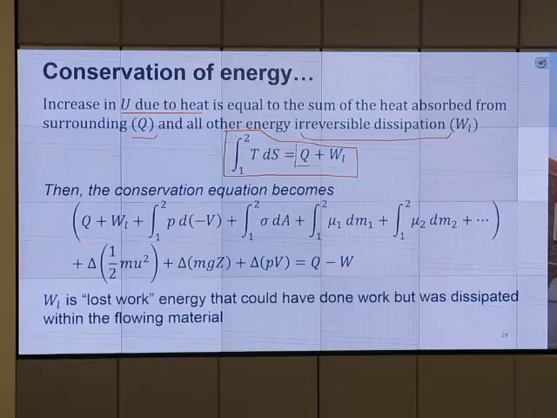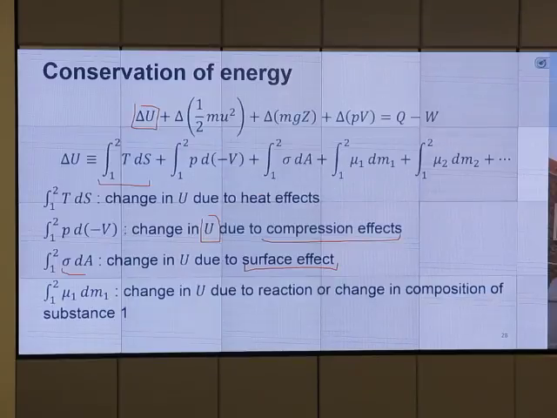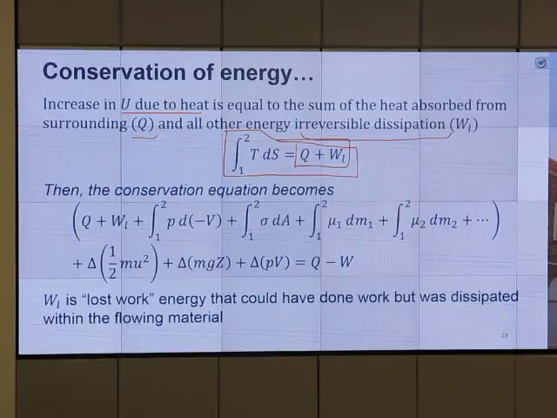I substitute this thing back into the previous equation, into delta U. Delta U is defined by that long 1, 2, 3, 4, 5 term. I substitute it back, so I have Q and that Q. I note here that WL is a lost work, energy that could have done work but was dissipated within the flowing material. It is a lost work due to friction.